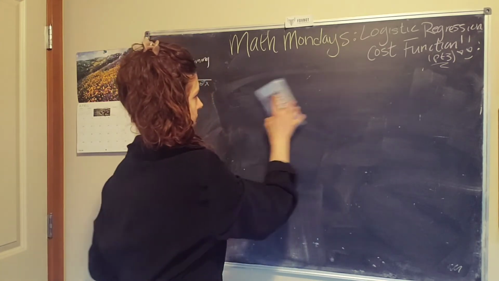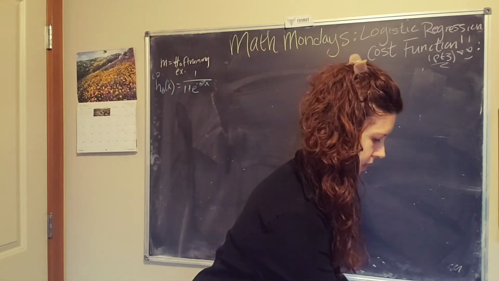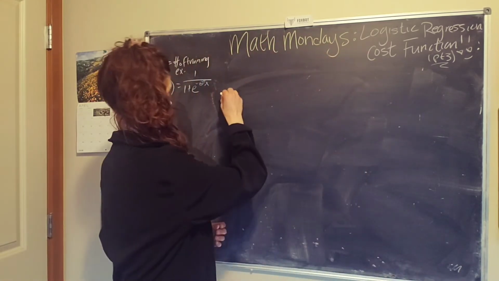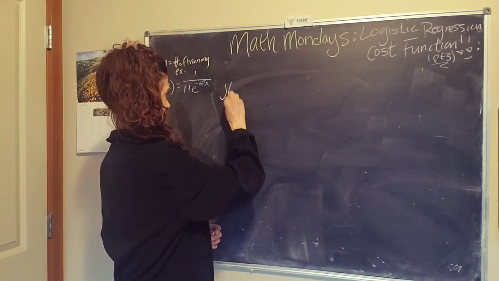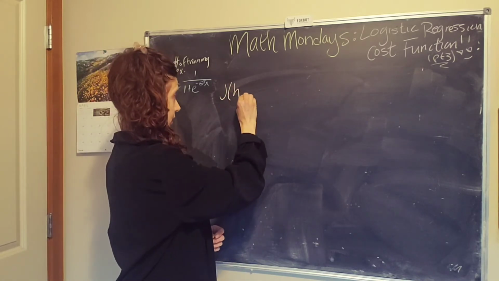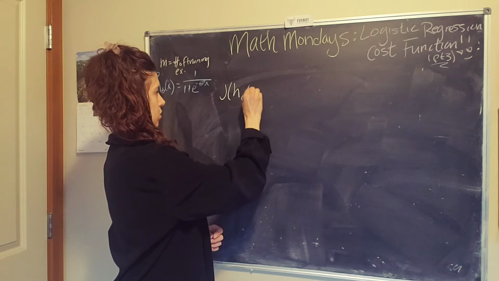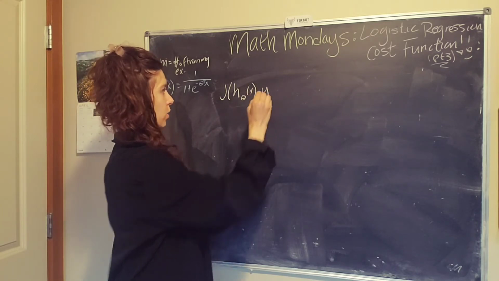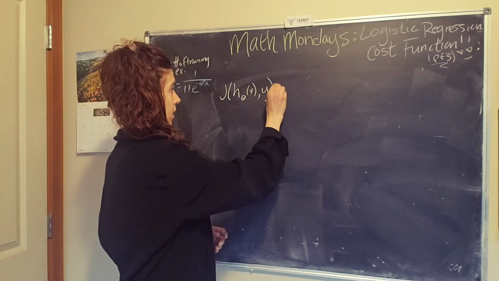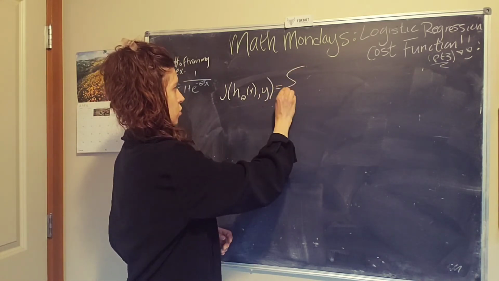So, new cost function. Yay. Okay. So our new cost function, which is going to be a function of our hypothesis function, h of x, and it's going to depend on our actual values, y, and it's going to have 2 parts.